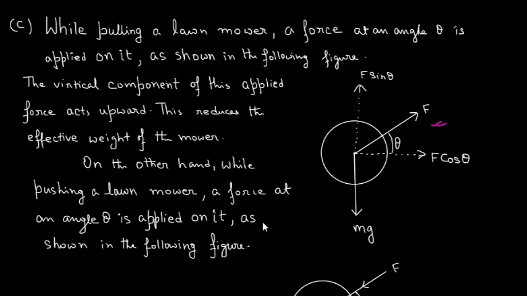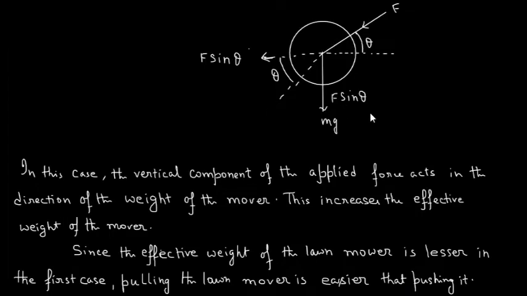In this case also, the weight is acting downward, mg, and the force F is acting at an angle theta with the horizontal. We can draw the vertical and horizontal components as F sin theta here, and this will be F sin theta again.